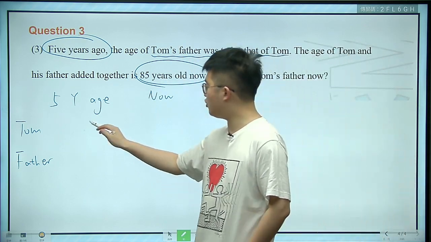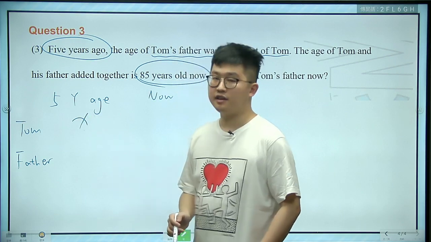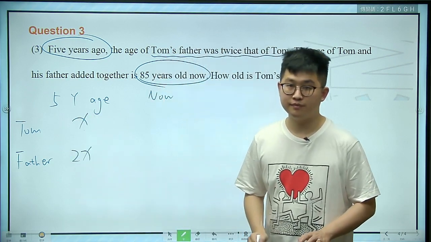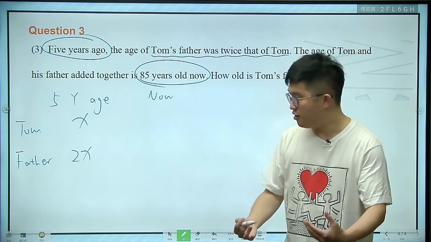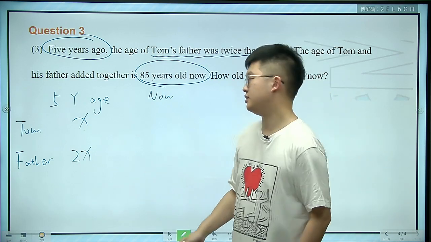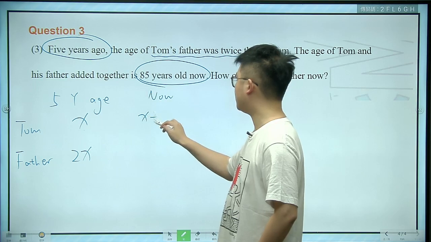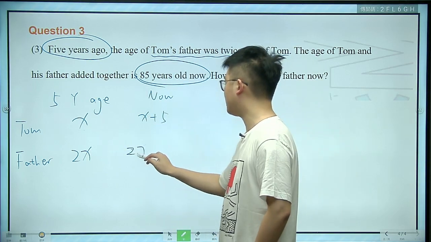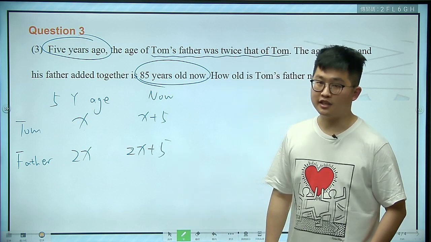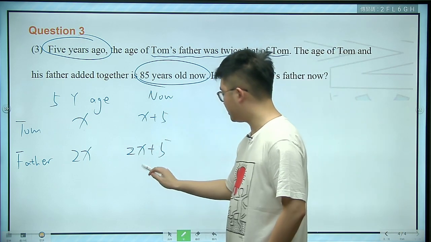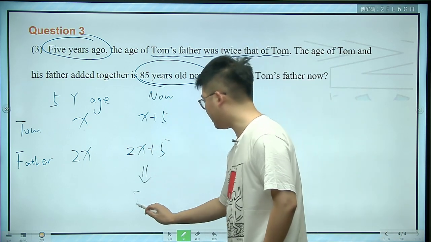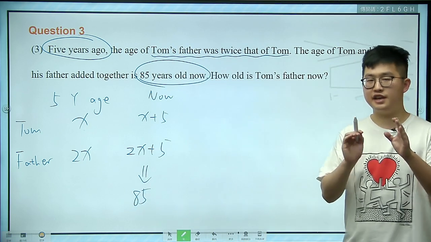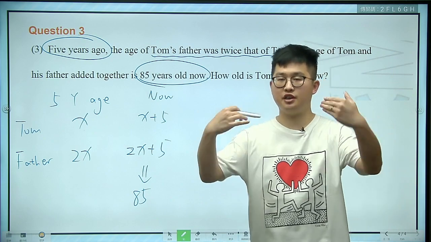So if Tom's age is x, then his father should be 2x 5 years ago. And now, 5 years later, Tom's age should be x plus 5, and his father's should be 2x plus 5, and these two ages add up to 85. So now we see clearly how to set up the equation.